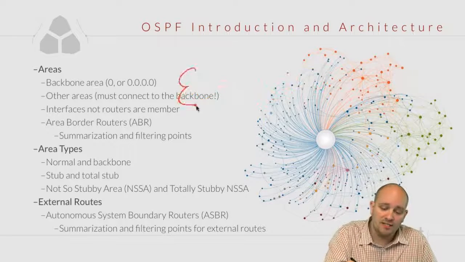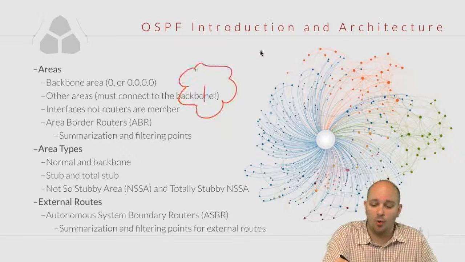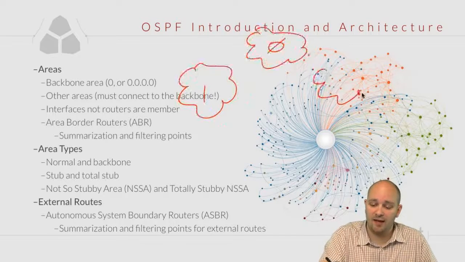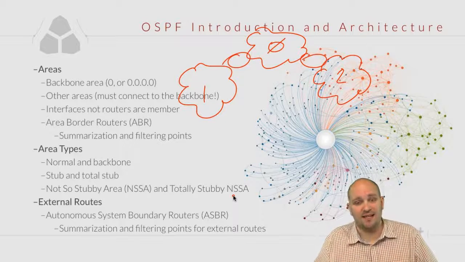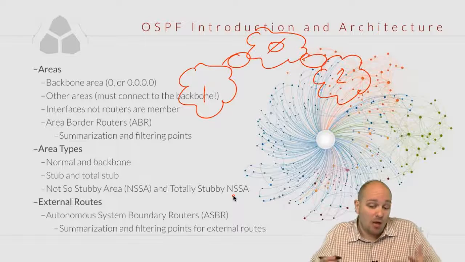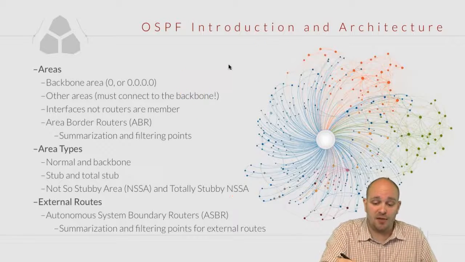What I would need to do is connect area 1 to some area 0 here, and then I would have area 2 here, and I would have the routers that sit between them like this. Now, this could also be a single router.